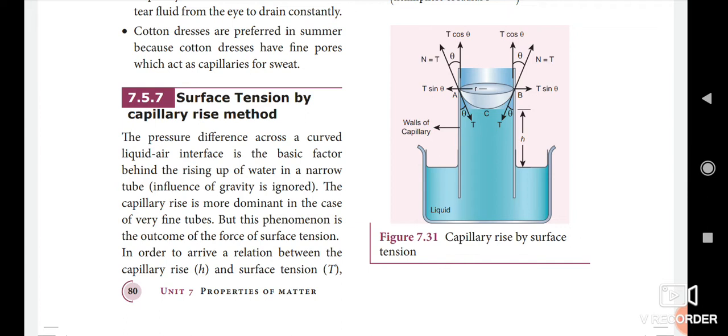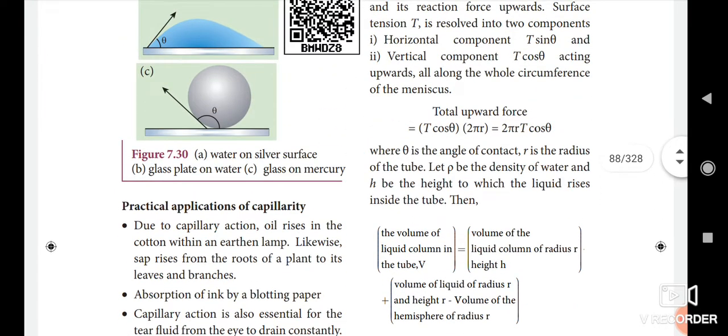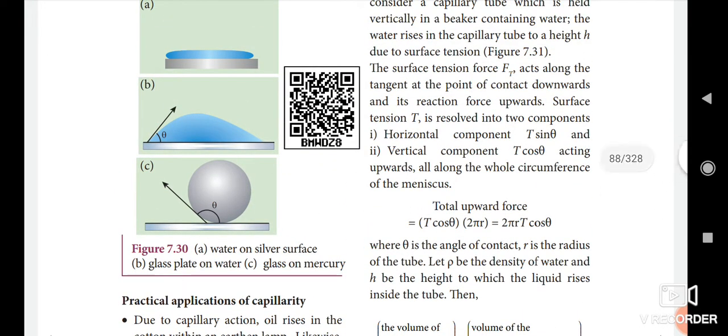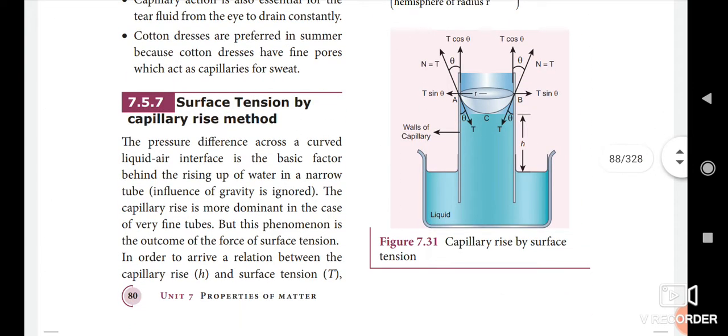Here the surface tension is taken as capital T, and the height of the water in the capillary tube is denoted as h. The surface tension force Ft means the force due to the tension. The Ft acts along the tangent. If a force acts along the tangent, then at the point of contact there is a downward force and an upward reaction force.